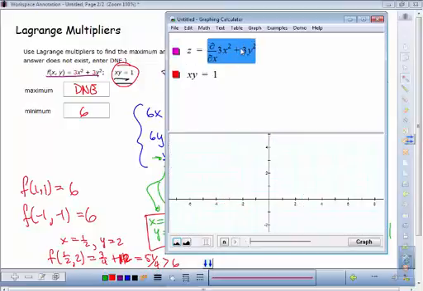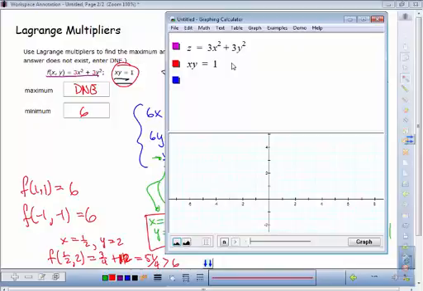So the question for you is, what contour is that? That is, if I take that function f and I set this equal to some constant, which constant is it? 6.